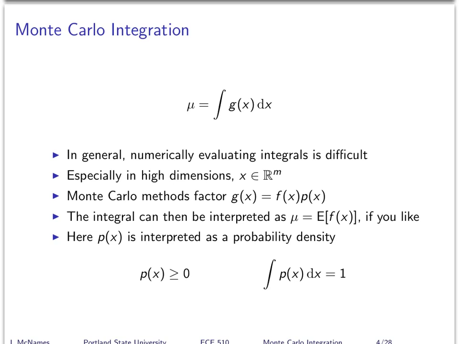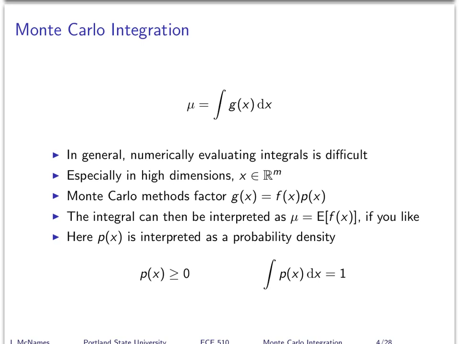So this set of slides is generally about how to evaluate an integral, and I'm going to step aside from the state space framework for now and talk about just the simpler case where you want to evaluate an integral, and let's imagine this is a multidimensional integral, so x is a vector, and we're trying to integrate over all the values of x some function g of x, with respect to x, and arrive at something that I'm going to call mu.